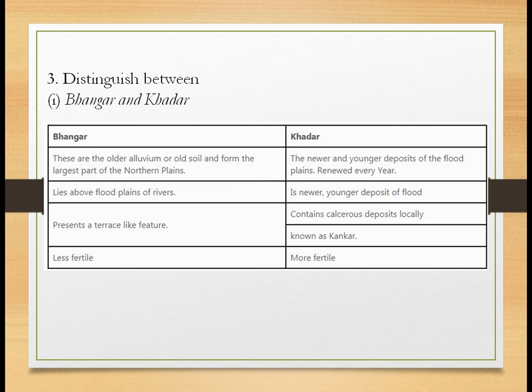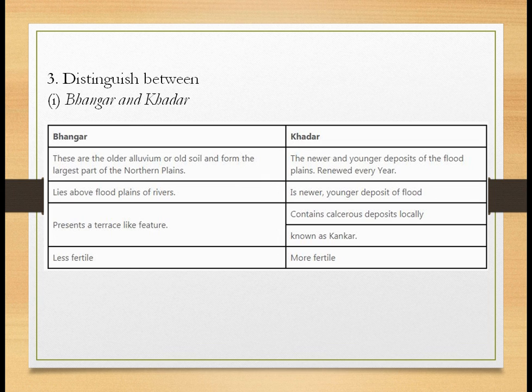First, Bhangar and Khadar are both alluvial soil. Only one is old and one is new. So Bhangar is the old, and Khadar is the new one. Bhangar lies above the floodplain of the river.